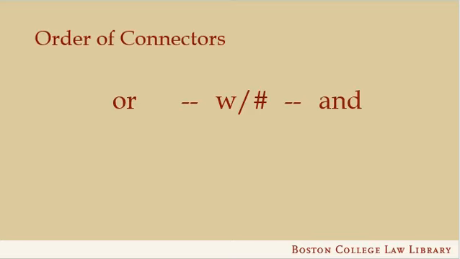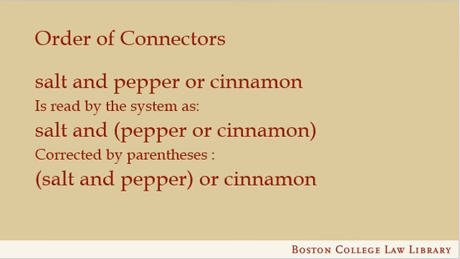Lexis, Westlaw, and Bloomberg Law's Boolean search engines process the OR connectors first, assuming that this is a list of alternatives, all of which should have the same relationship to other terms in the search. These search engines process proximity connectors and grammatical connectors next, and after that, the search engines process the ands and finally the nots. And this usually is the order you want these operations to be applied. If you want them applied differently, all you need to do is add parentheses to change their order.